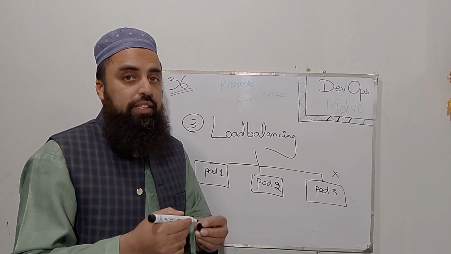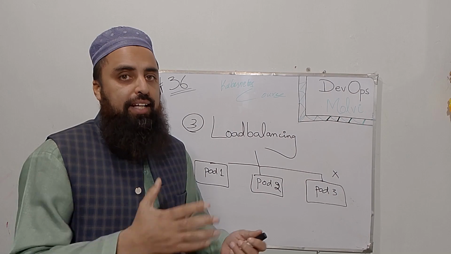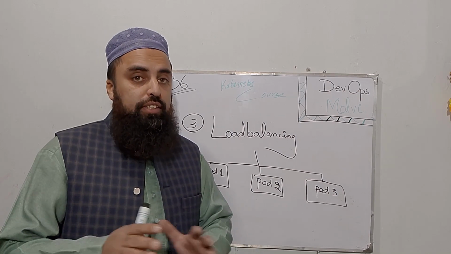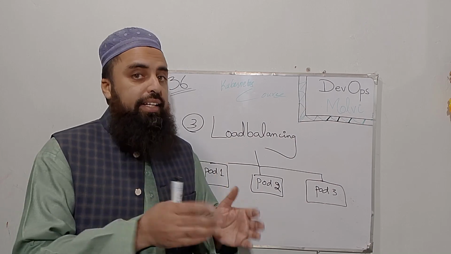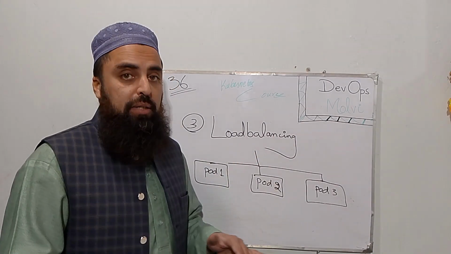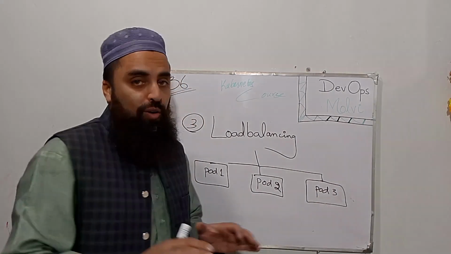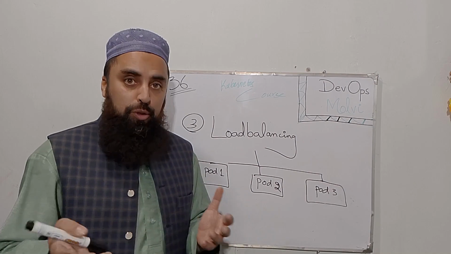Load balancing equally distributes the traffic among multiple pods, and that's what Kubernetes does. In general terms, load balancing distributes traffic among multiple servers on the same network, and in Kubernetes, it means distributing traffic among multiple pods on the same network.